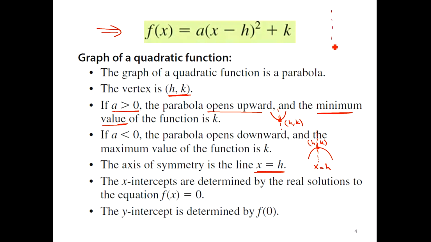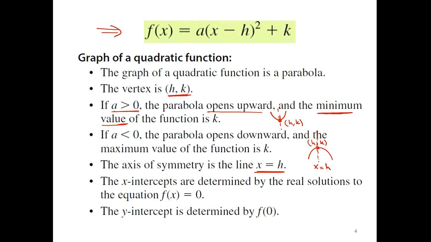So if we have this symmetry and we have this graph, for example, we must have on the left-hand side the same curve as a mirror. Okay, so this is the symmetry, x equals h.